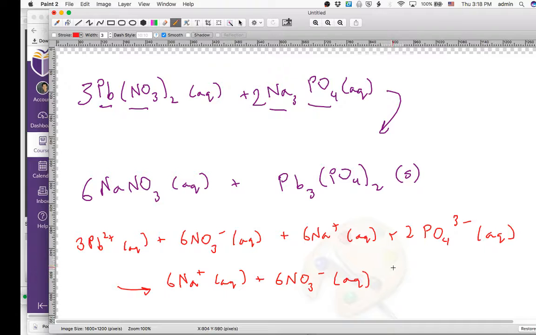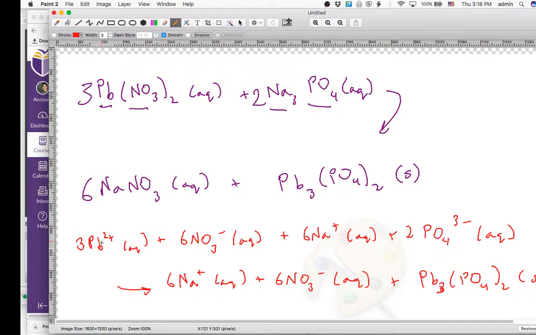And one of these guys, but it's solid, so it does not get separated. Oops, did I say AQ? I meant solid. Okay, so that is the total ionic equation.